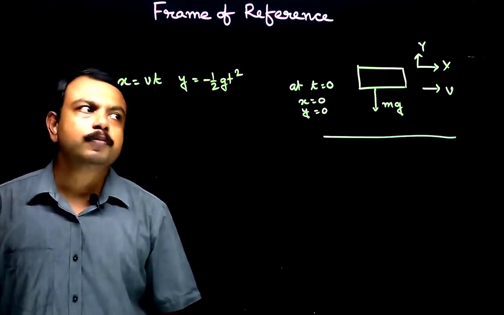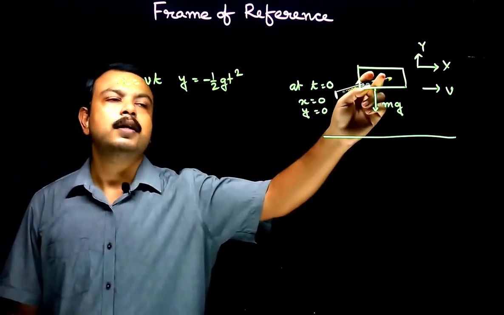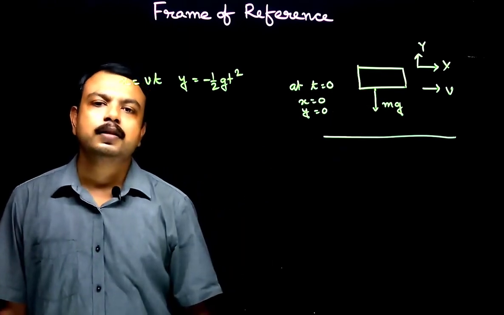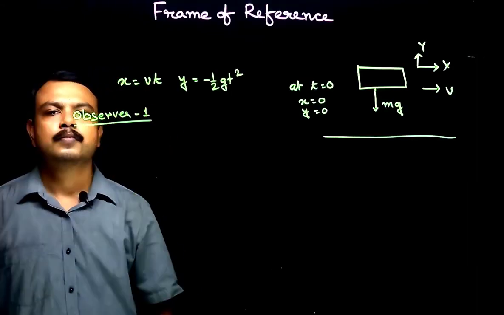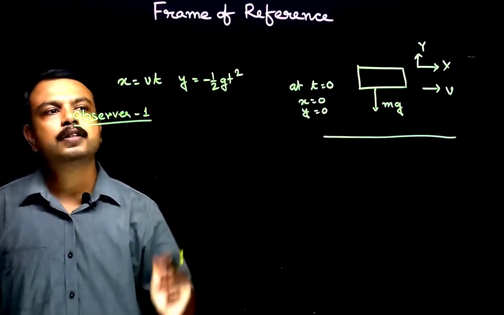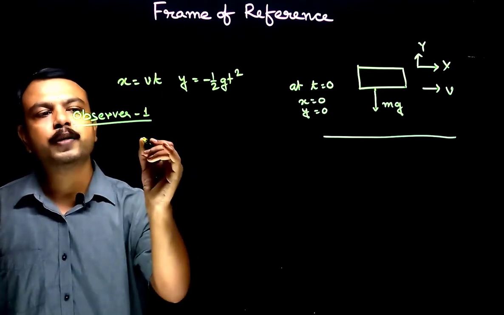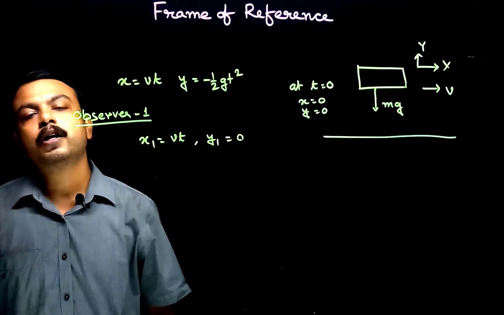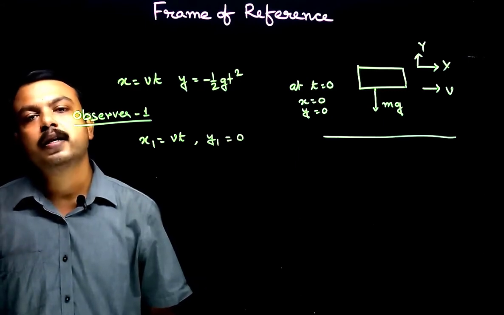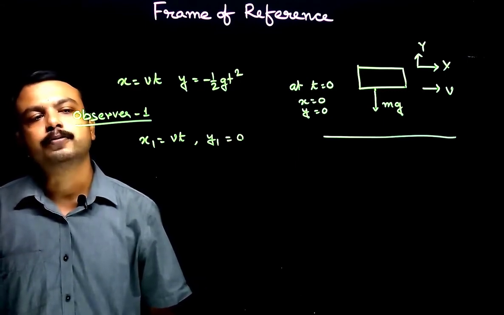Now from the viewpoint of the observer who is sitting inside the helicopter, let me call him observer number 1. His location after the same time interval is going to become, because he is not going to experience any downward motion.